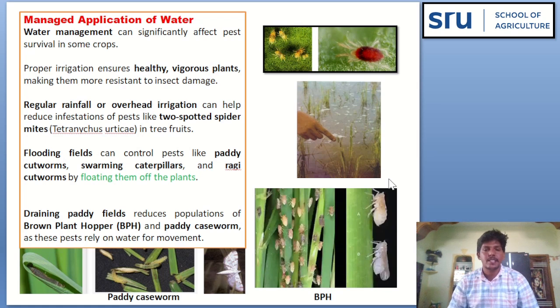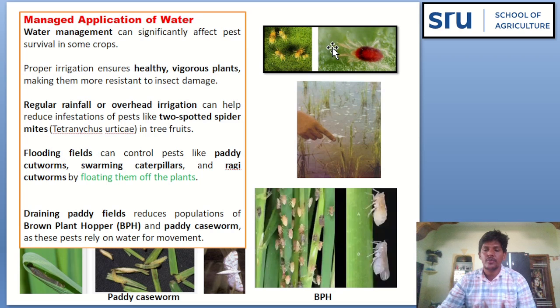Next, managed application of the water. Water management can significantly affect pest survival in some crops. Proper irrigation ensures healthy, vigorous plants, making them more resistant to the insect pest damage. See, this is the mite.